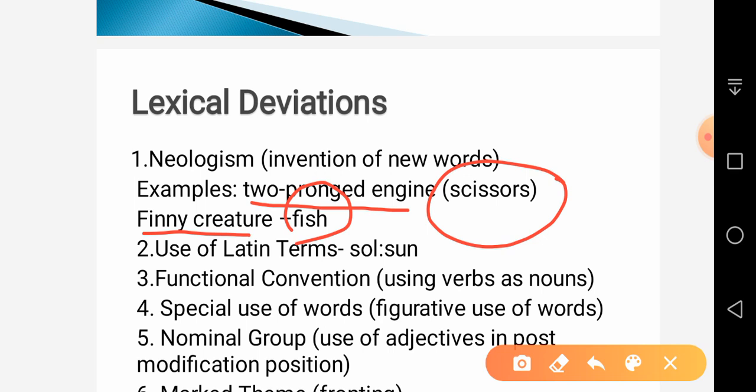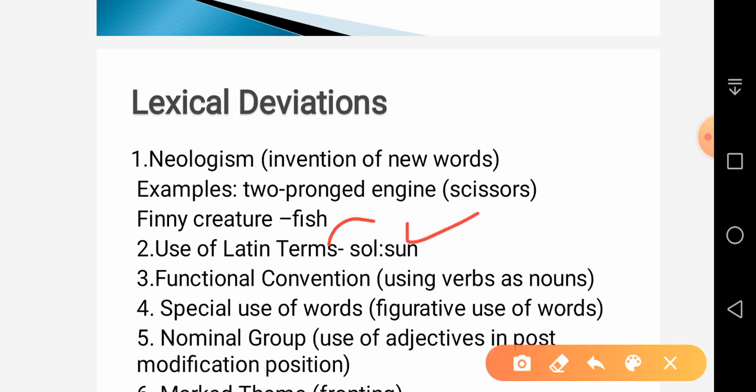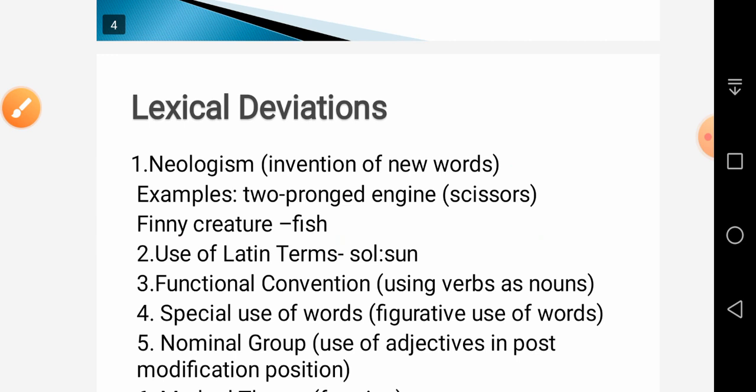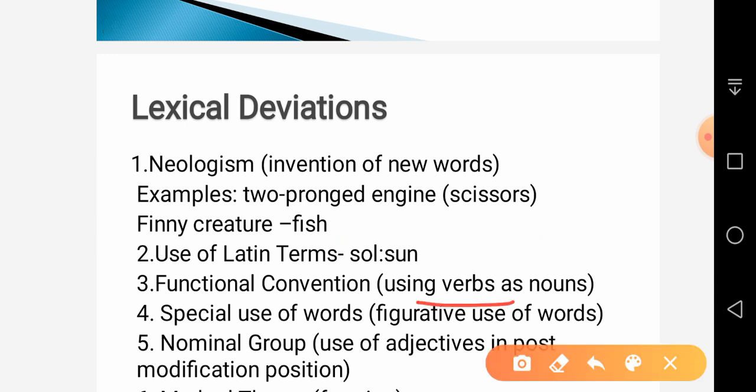And usually the literary artists are fond of using a lot of Latinism, known as Latin terms. Like instead of saying sun, they may use sol, S-O-L, for sun. Now, functional conversion: they are in the habit of using verbs as nouns, or nouns as verbs.